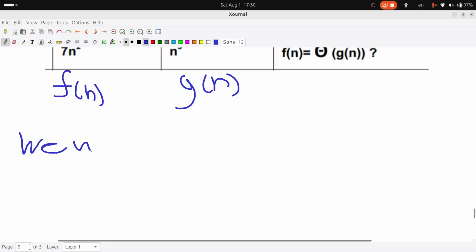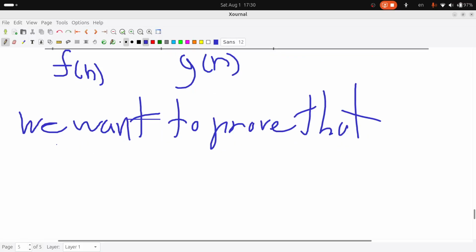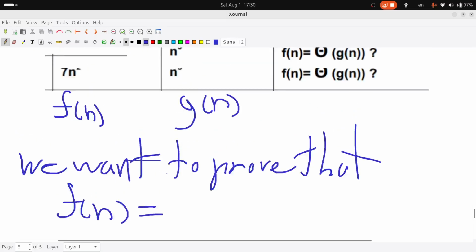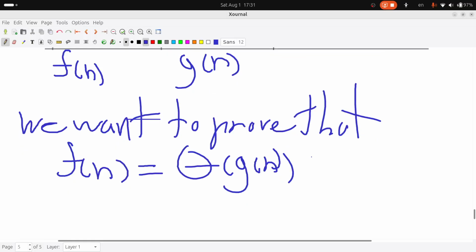We want to prove that fn is equal to theta of gn, or not.